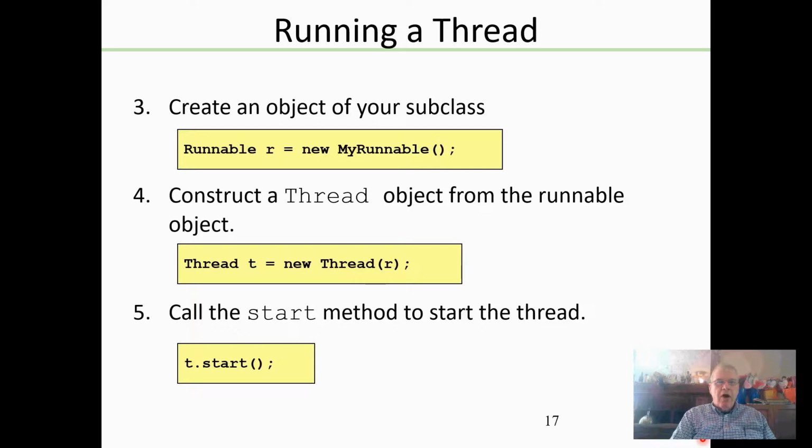So we put R, which is this Runnable class object, inside a thread and create a new thread with that Runnable inside it. We call it T in this example. And then we call T.start. So T.start starts run executing. Remember, run is inside MyRunnable.